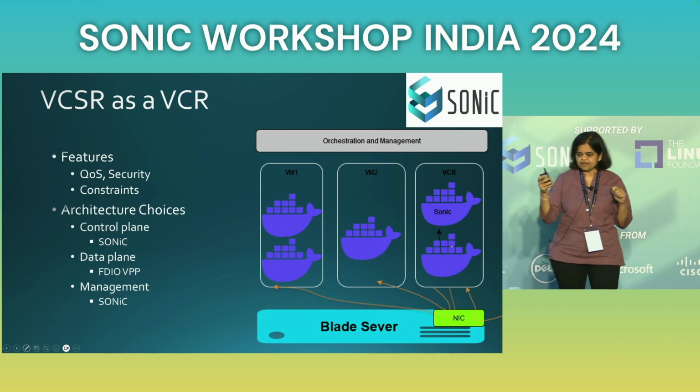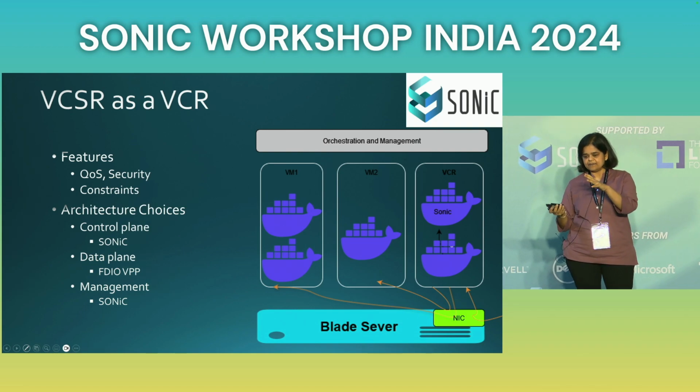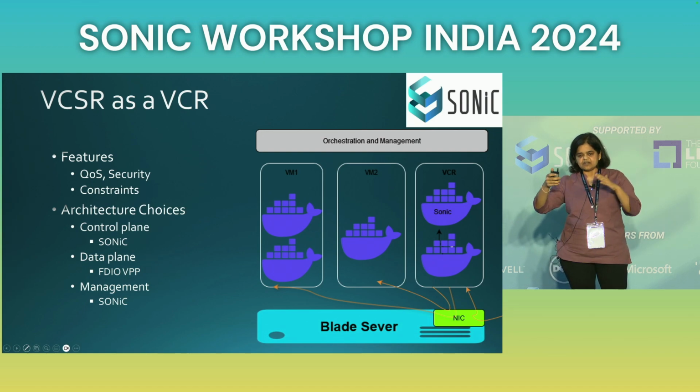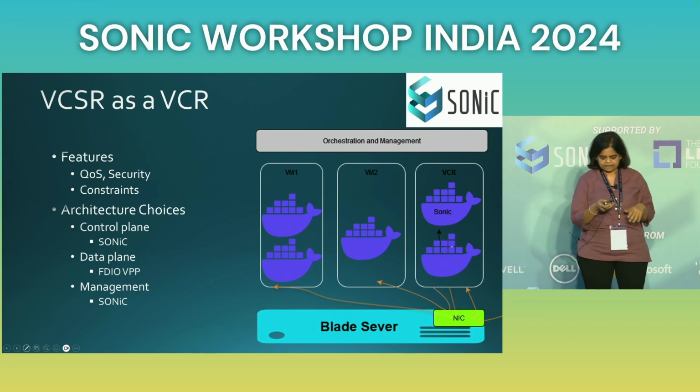We have the VCSR come up as a pod, and it has the control plane which runs on SONiC, and the data plane which runs on FD.io VPP. Now this runs along with other pods and other applications, including the DU which is co-located, and all of them run on a blade server or a COTS server, typically say a Dell server, right? And all of this can be orchestrated using Kubernetes.